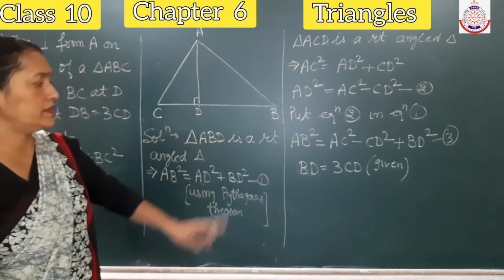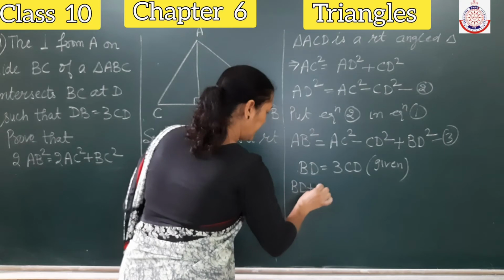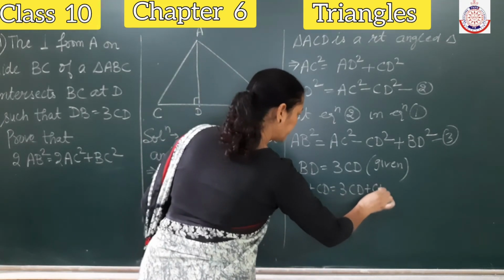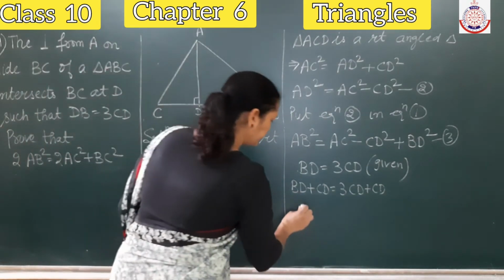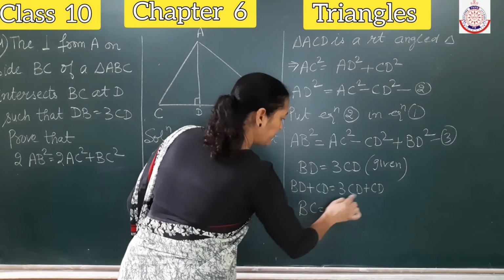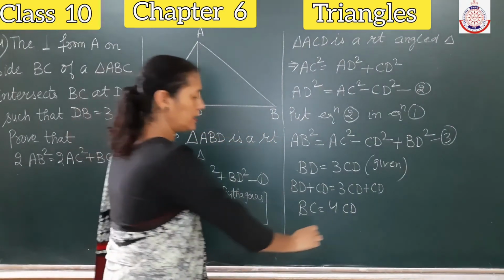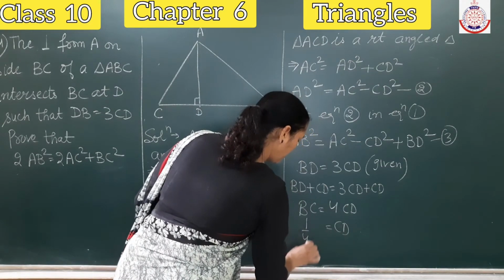So if we add CD on both sides, BD plus CD is equal to 3 CD plus CD. Now BD plus CD means BC, and here we will be getting 4 CD. That means CD is equal to 1/4 of BC.